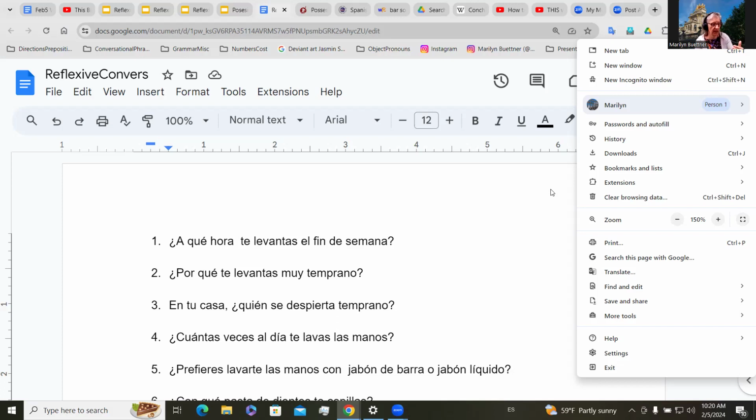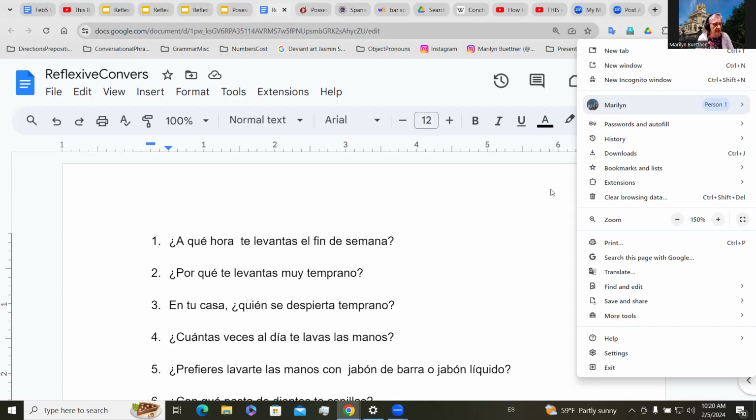How many times a day do you wash your hands? ¿Prefieres lavarte las manos con jabón de barra o jabón líquido? Do you prefer to wash your hands with bar soap or liquid soap out of a pump?